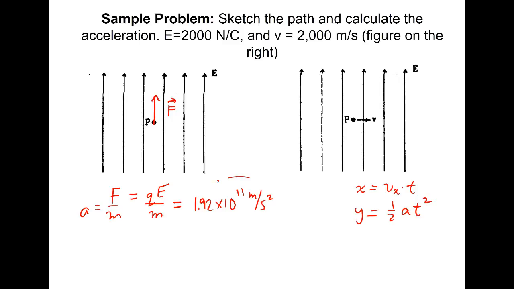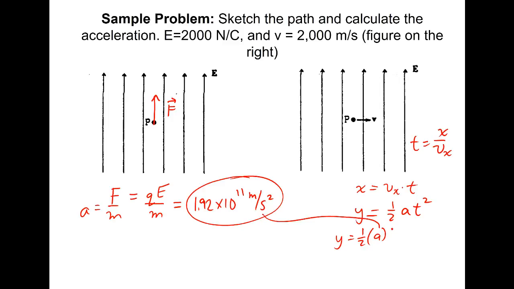Now a is going to be the same thing, and in order to get t, we can rearrange that t is x over Vx, which is 2,000. So y is 1/2 times that extremely large value of a right there, and t is going to be x over 2,000 quantity squared. So that means that y is going to be equal to basically 24,000 x squared, which is a parabola that goes like this.